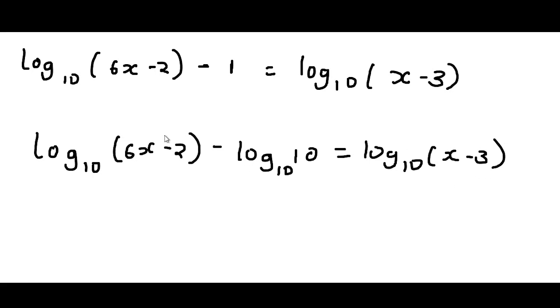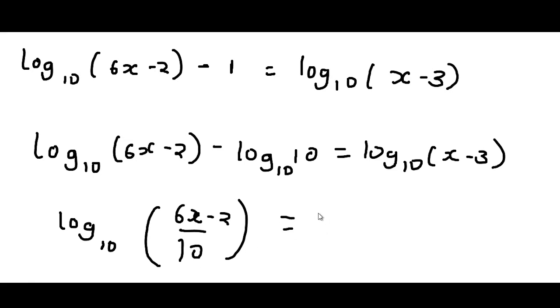Where we see we have subtraction, it means that we divide, and what's common in this equation is log 10. So we write log 10, then it will be 6x minus 2 over 10 equals log 10 of x minus 3, which is in brackets.